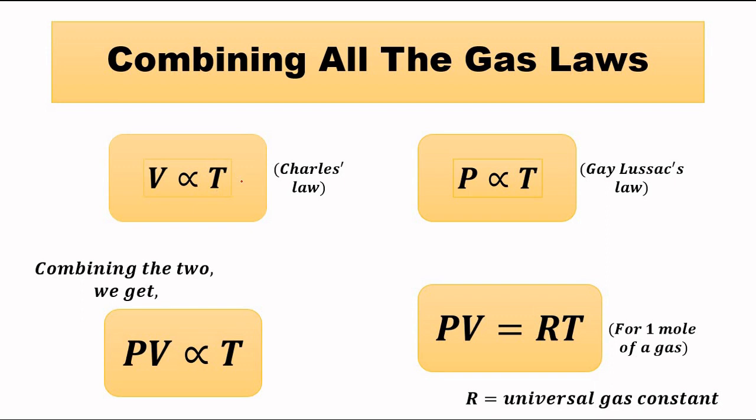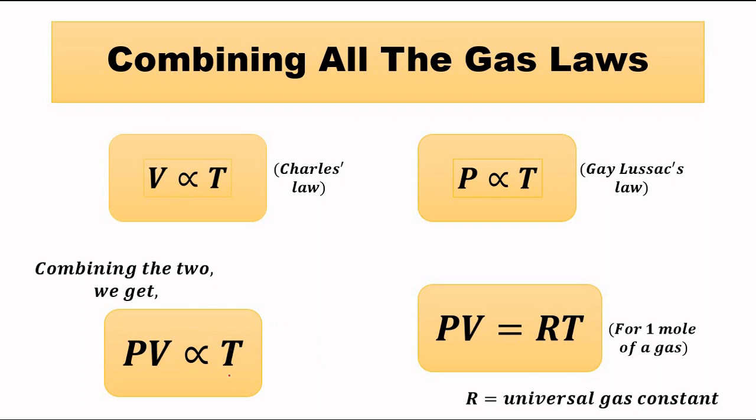Then we have Gay-Lussac's law: pressure is directly proportional to temperature. So pressure and volume both being directly proportional to temperature, we can say PV is directly proportional to T, that is, the product of pressure and volume is directly proportional to temperature.